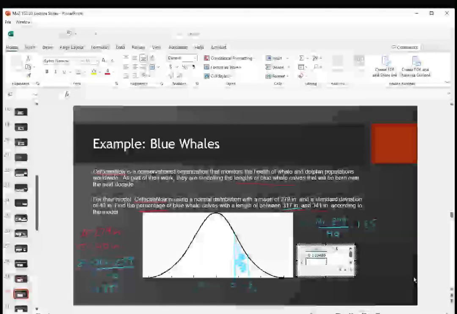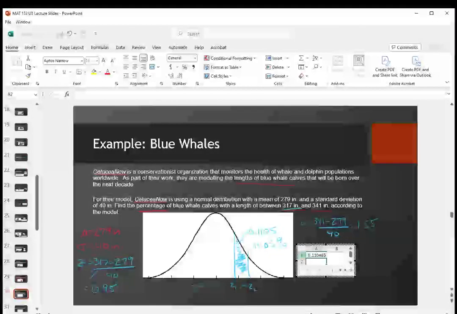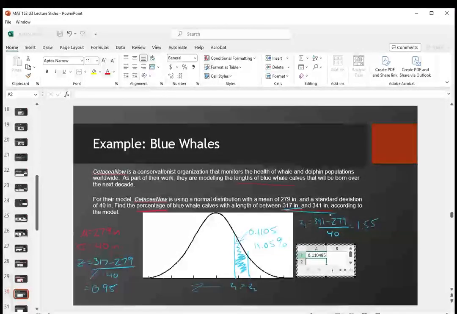And we hit enter. The area here is then 0.1105 or 11.05%. So what's the percentage of blue whales with that length? About 11% will fall in that range.